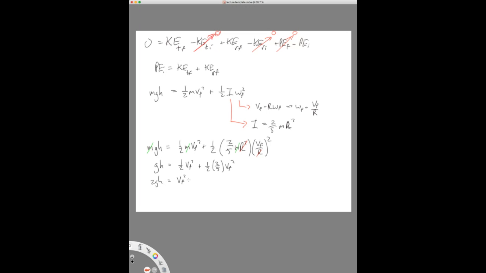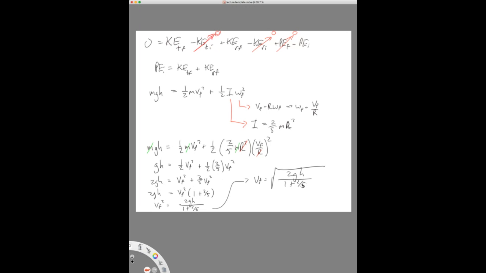And then we have just V final squared plus 2/5 V final squared, or we could factor out the V final squared and have just 1 plus 2/5. And finally, then V final squared is 2GH over 1 plus 2/5. And this means that V final is the square root of 2GH over 1 plus 2/5.